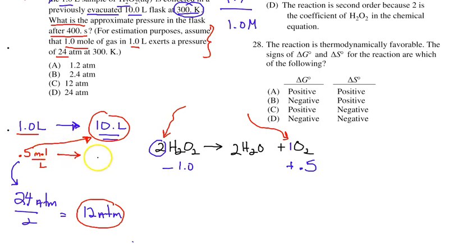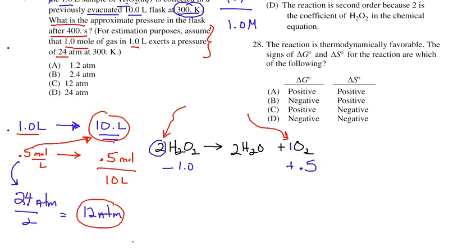What's molarity? Moles over liters. Because we have 1 liter here, it was 0.5 moles per 1 liter. This is 0.5 moles in 10 liters. So what's the concentration now? You can see, because you're putting the gas in 10 times the amount of space, the pressure is going to go down by what?